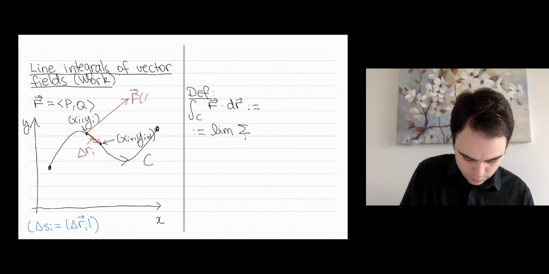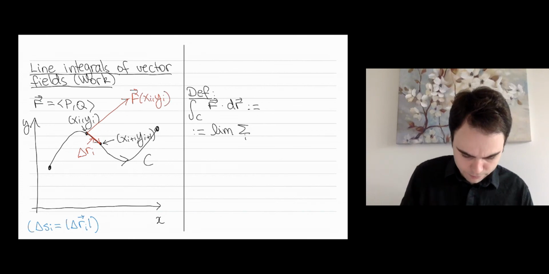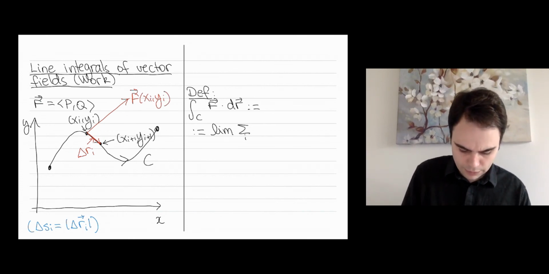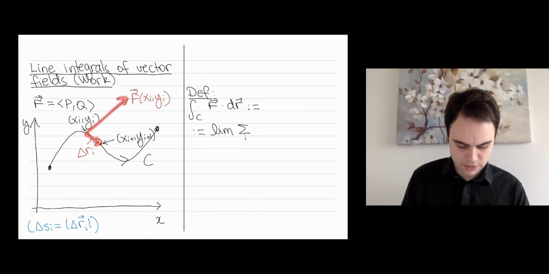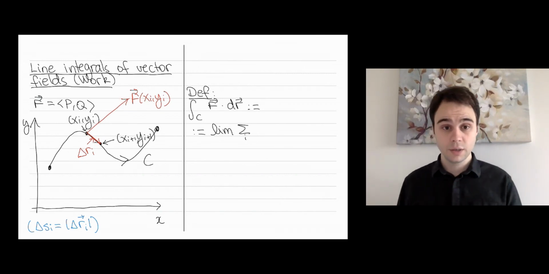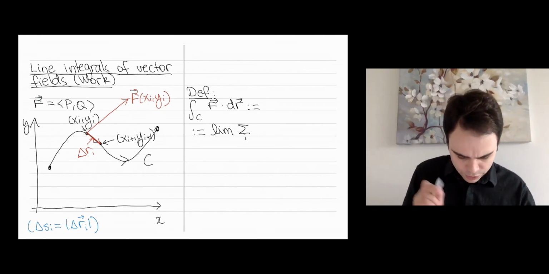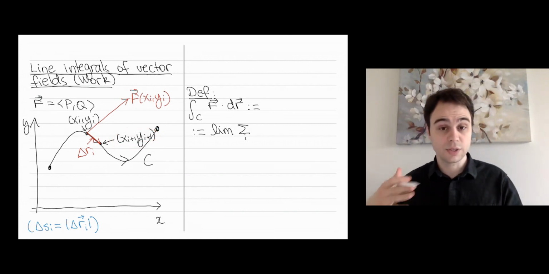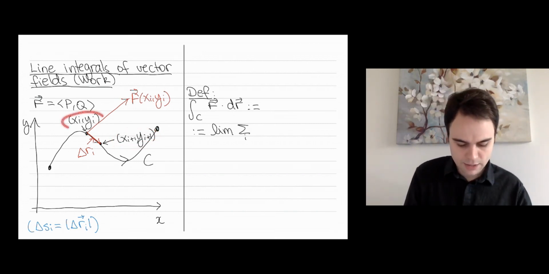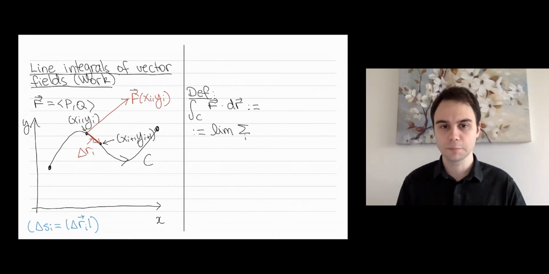F at the point xi, yi, and we have this displacement vector. So delta Ri, I should emphasize, is just the position of the ith plus first point minus the position of the ith point.